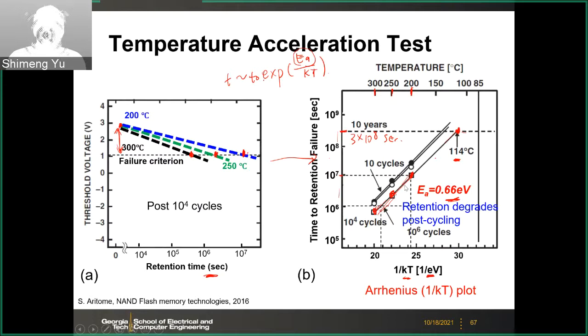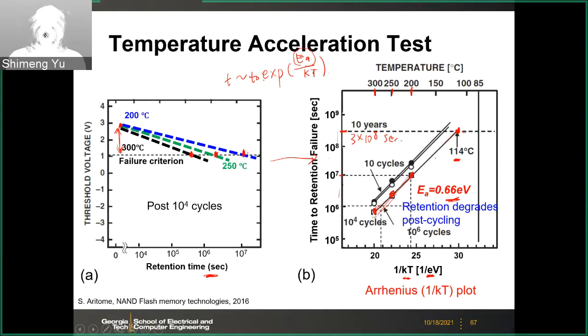If you do that, this will be a straight line because the retention time follows this formula: the retention time equals some coefficient, t0, times exponential of EA/kT. EA is the activation energy. So from this plot, the slope of this line will give you the activation energy, EA.